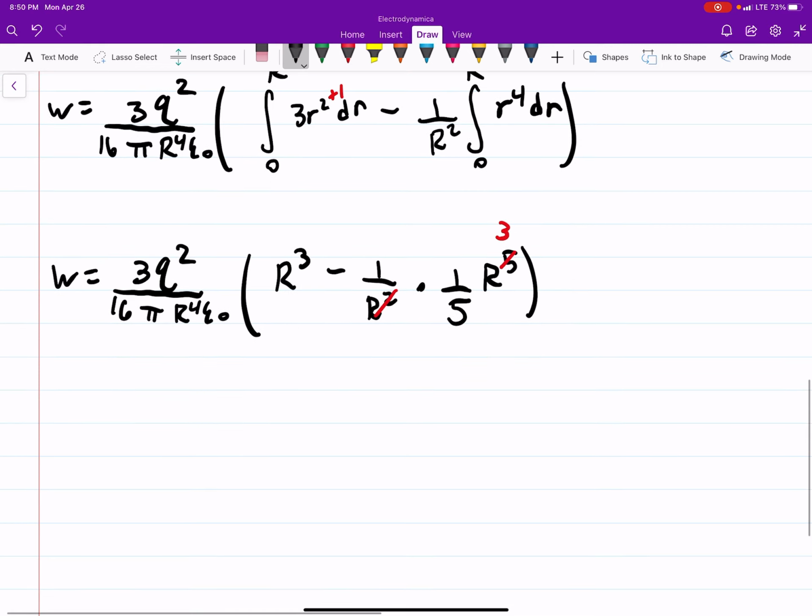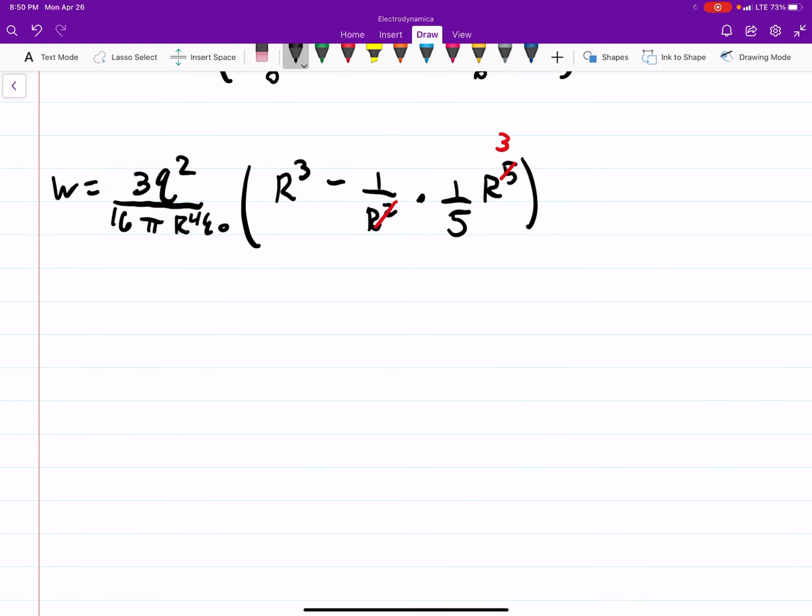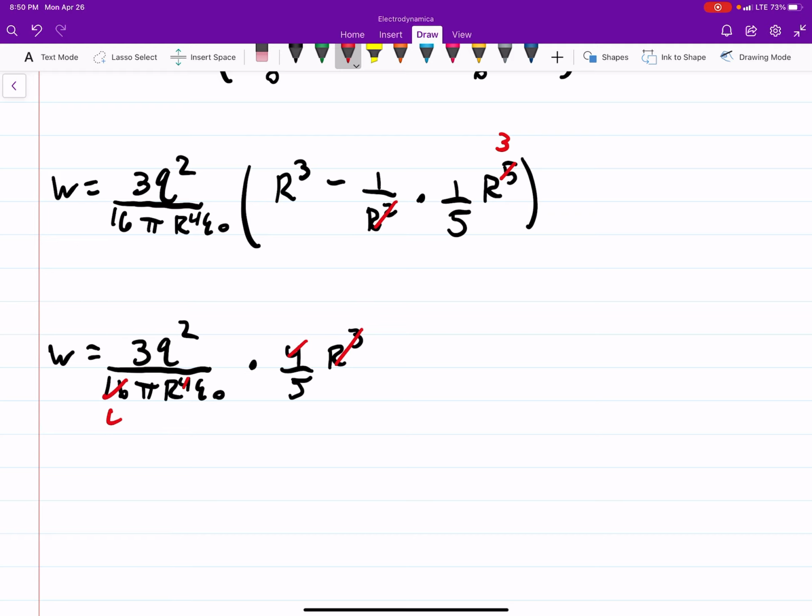So it's really 1 minus 1/5, or you could think of it as R cubed minus 1/5 R cubed. So then this is equal to 3Q squared over 16 pi R to the 4th epsilon naught, so that's going to be 4/5 R to the 3rd. And we can simplify this a little bit. Let's see. So this goes here, which goes to 4.